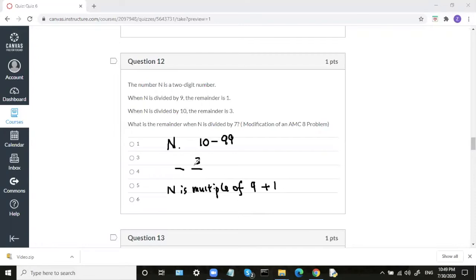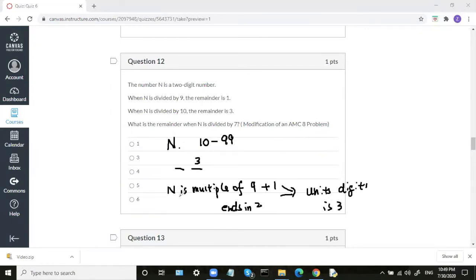Because the unit digit is 3, the multiple of 9 must end in 2.